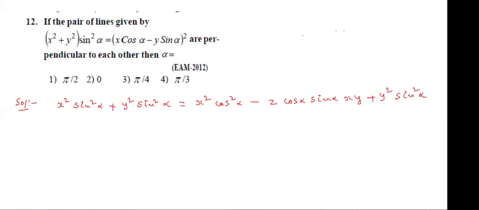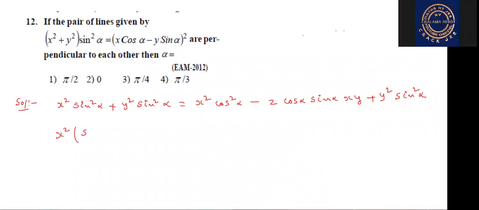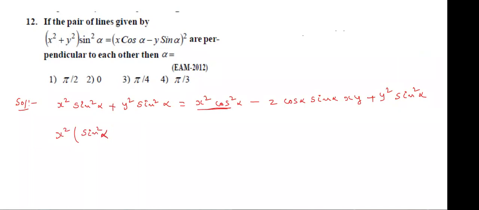Here, all the terms are sent to the left hand side. First take x square common. Left hand side already has x square coefficient sin square alpha. If these values are sent to the left hand side, you will get minus cos square alpha, yes or no?